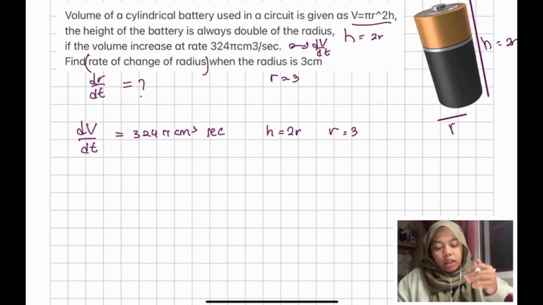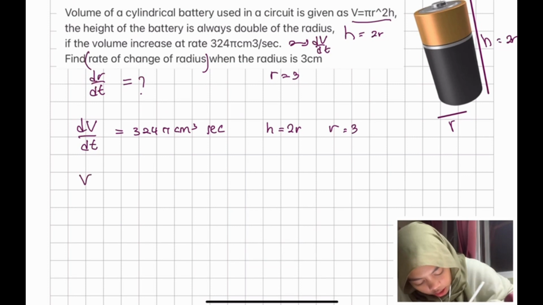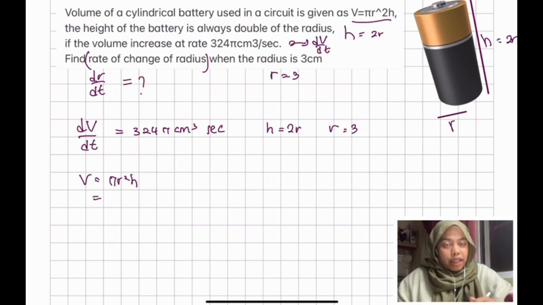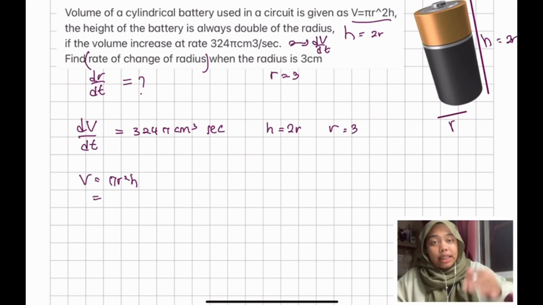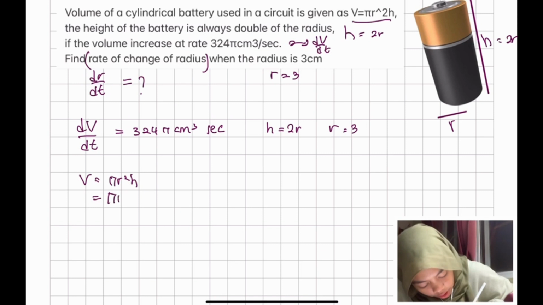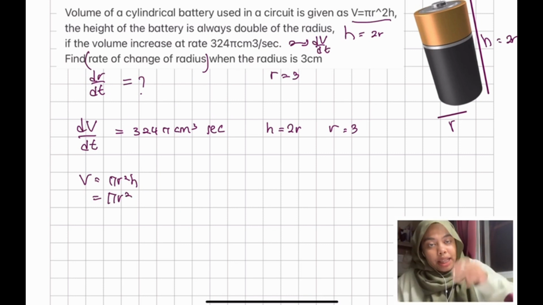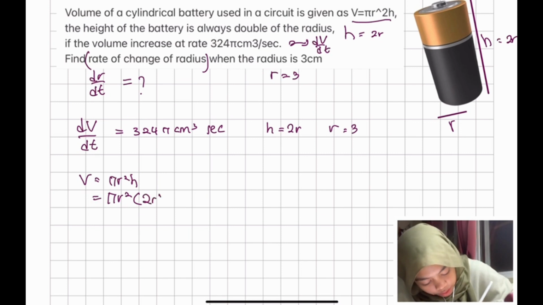Remember that they also provided the volume of the cylindrical battery, which is V equals pi r squared h. Notice here, you already have the value of h, so you can directly substitute it into the equation. So, pi r squared h, you replace h with its value. Substituting 2r, you will get 2 pi r cubed.